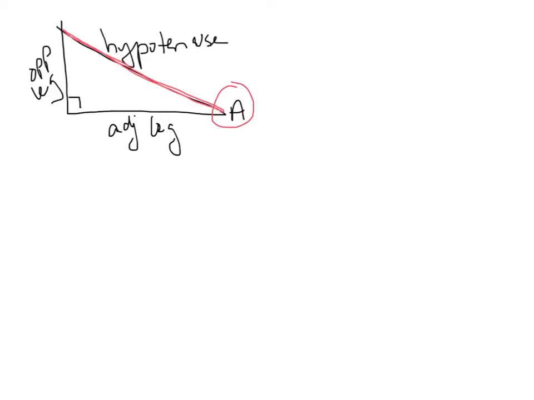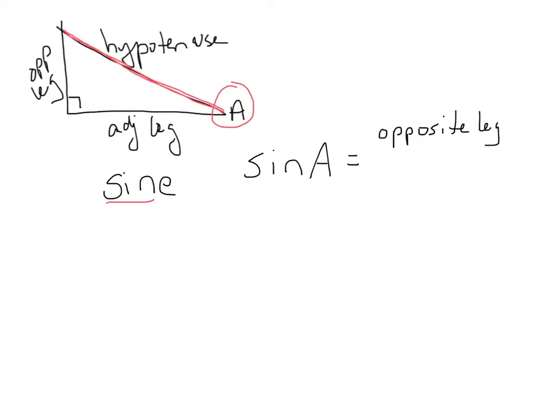The first relationship is the sine function. The sine function, S-I-N-E, is abbreviated with the first three letters of the function. The sine function, pronounced sine, even though it's S-I-N, the sine of angle A is going to be equal to the opposite leg as compared to the hypotenuse.